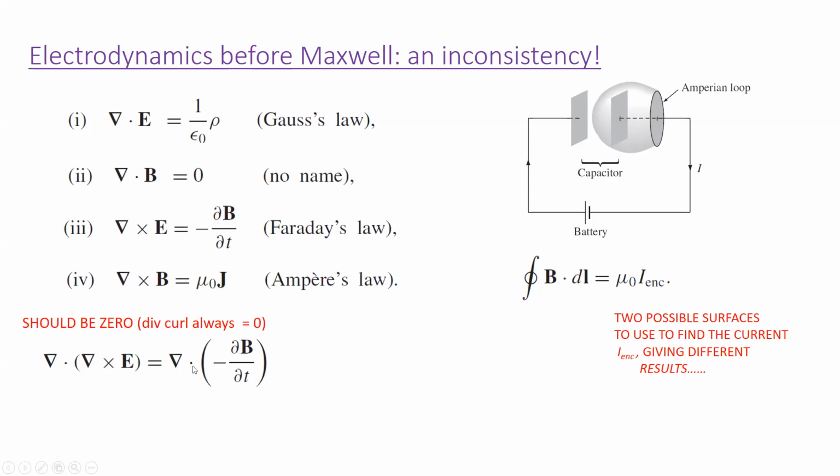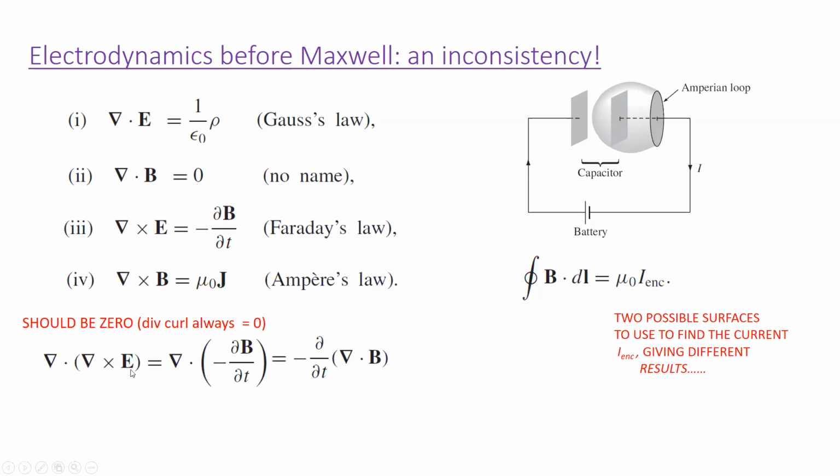So we have the divergence of the curl of minus dB dt. We can interchange the space and time derivatives, and we get minus the time derivative of the divergence of B. But the divergence of B is 0. And so this is equal to 0, and so divergence of curl is equal to 0. So that is consistent.